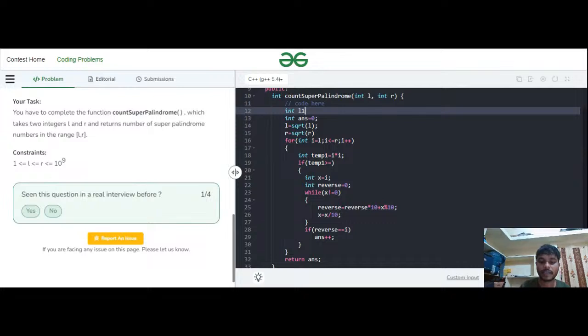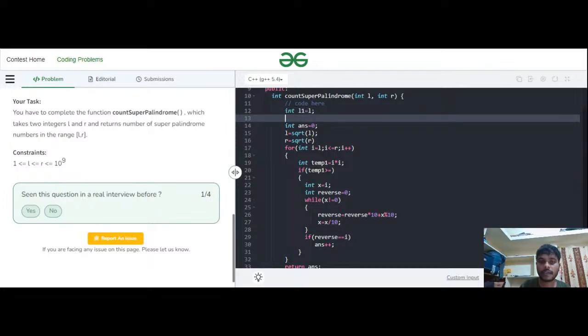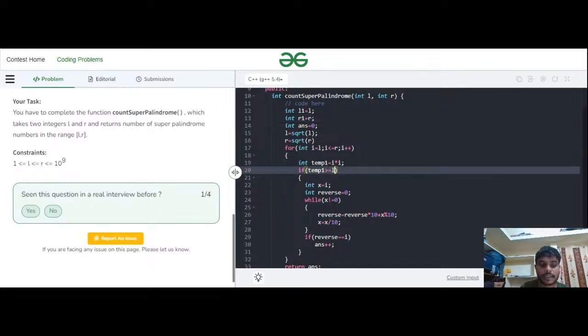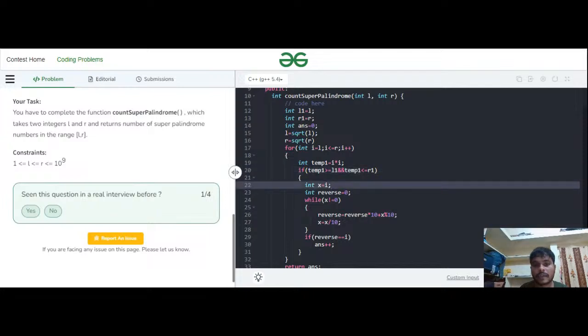L1 is equal to L, and R1 is equal to R. Okay. R1 is equal to R is greater than L1, and temp 1 is less than or equal to R.